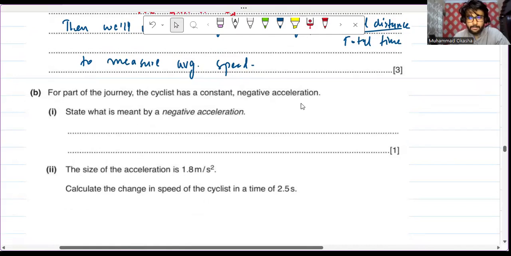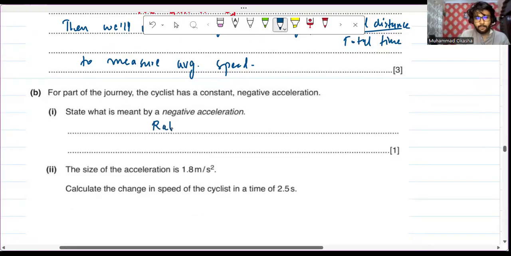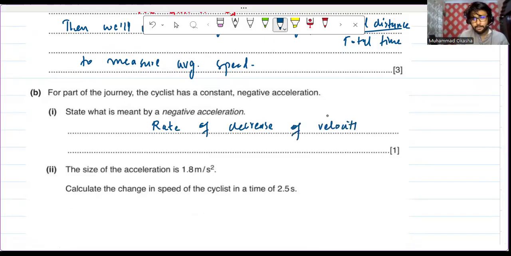Next. For part of the journey, the cyclist has a constant negative acceleration. What is meant by negative acceleration? Well, a rate of decrease of velocity, right? Or you can say decrease in velocity per unit time.